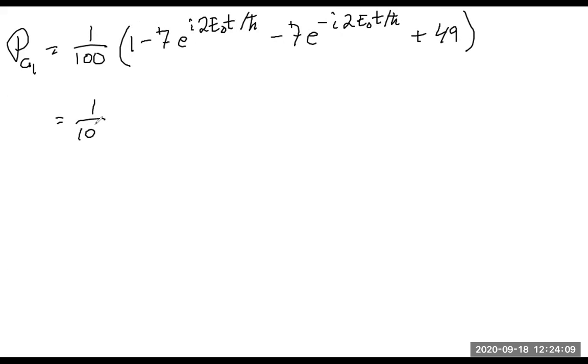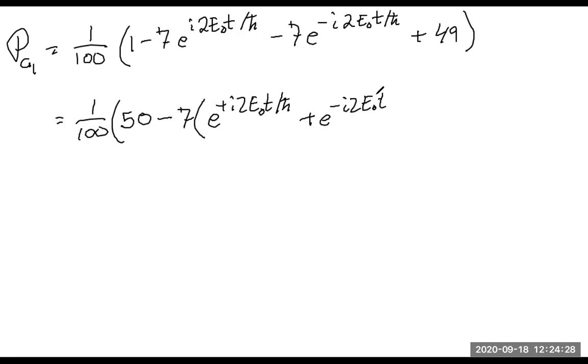So this is 1 over 100. 1 plus 49 is 50. And this then becomes minus 7 times e to the plus i 2 E naught t over h bar, plus e to the minus i 2 E naught t over h bar.